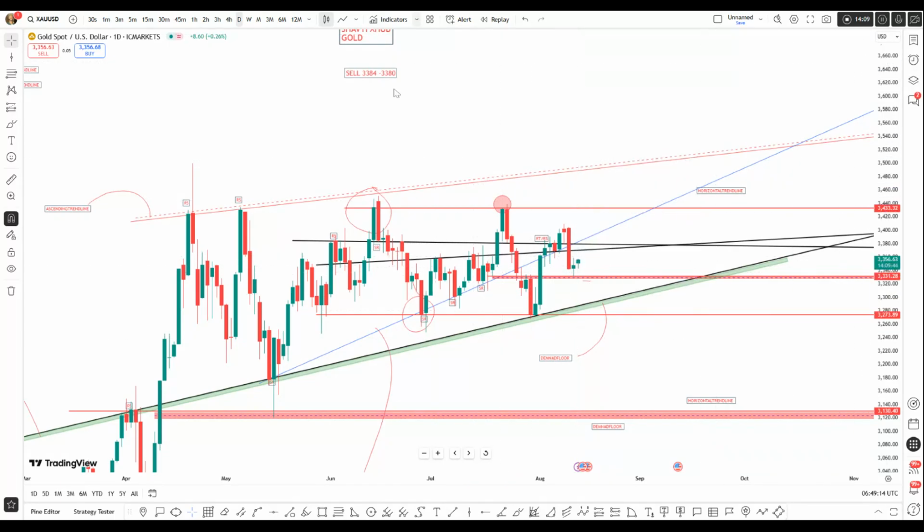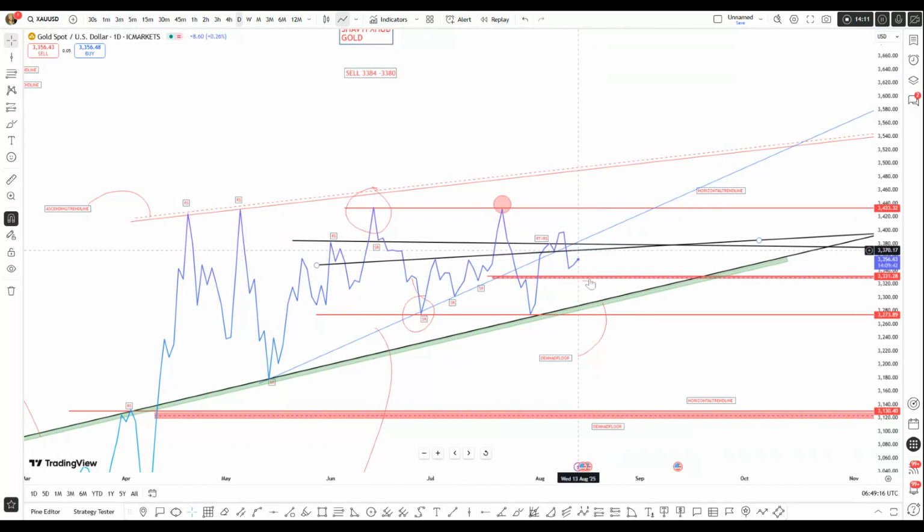And another daily close worthy of note is exactly where we have the neckline of this M-like structure, which is around 68. So you could be seeing a reaction at 68 into 3374.